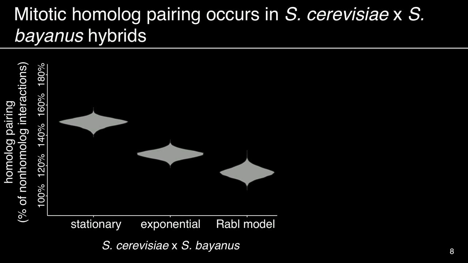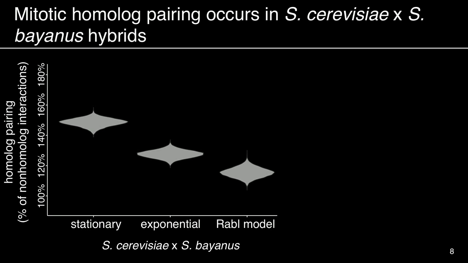This last set represents a sort of negative control because the polymer model doesn't directly encode any mitotic homolog pairing, so we shouldn't see any signal here. And so the fact that we see experimental homolog pairing that's greater than this suggests that, in fact, mitotic homolog pairing does seem to occur in cerevisiae bayanus hybrids.